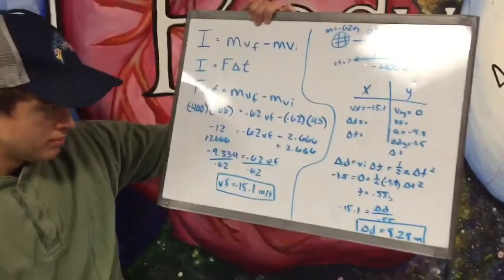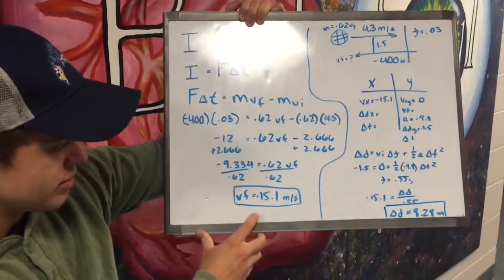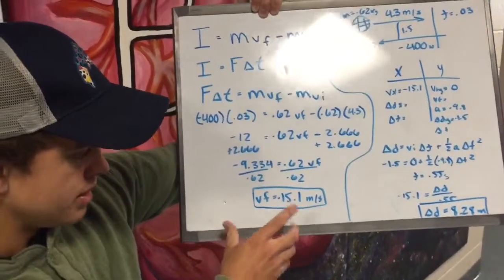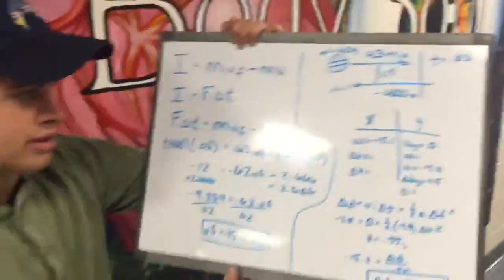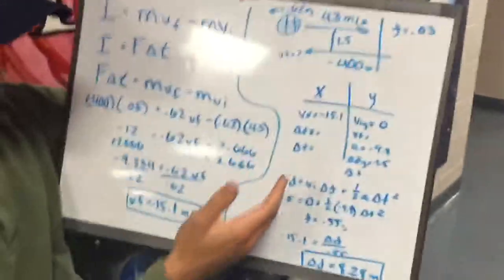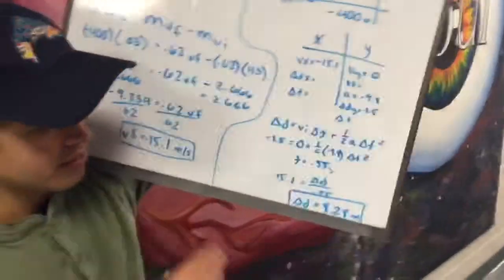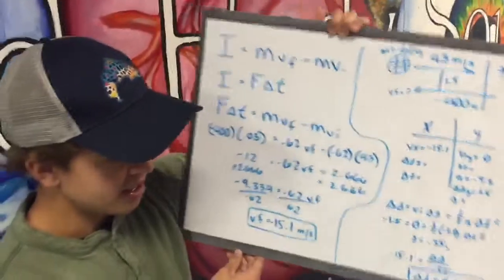Then through simple equation math, you find the final velocity equals negative 15.1 meters per second, which makes sense because it's coming towards the left. Then you put it into the XY chart and you use MathRep 4 to figure out the time.